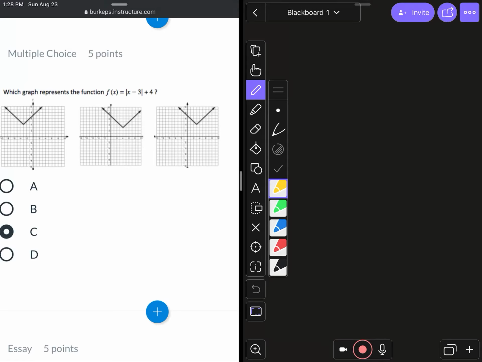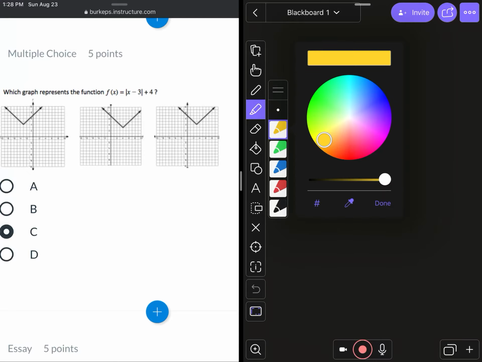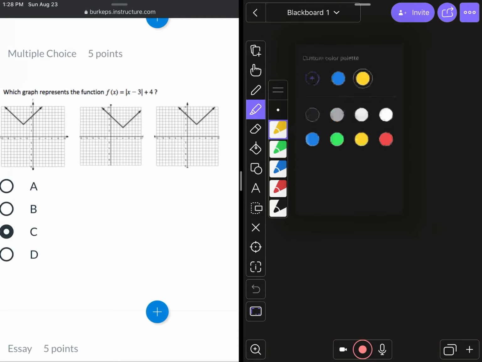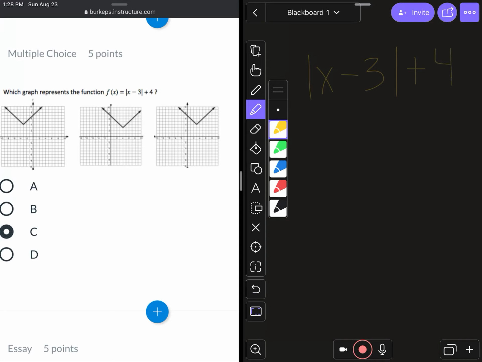The key to doing this assignment is to understand this concept that I'm about ready to talk about. So I'm going to write that over. Absolute value of x minus 3 plus 4.